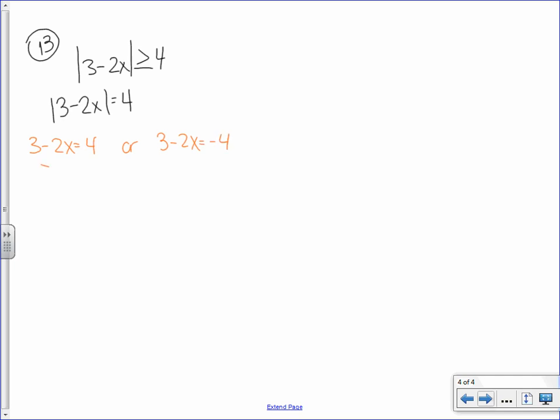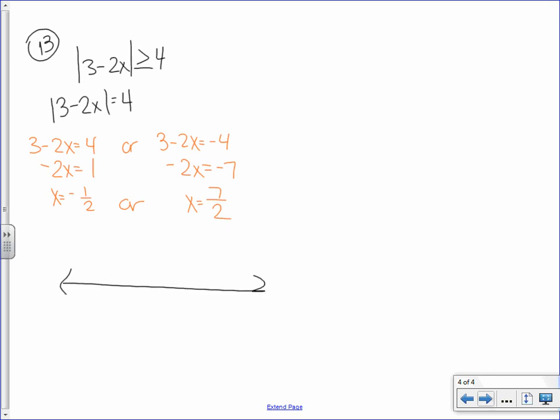So this gives me negative 2x is equal to 1, or x is equal to negative 1/2, or negative 2x is equal to negative 7, or x is equal to positive 7/2. Remember, a negative divided by a negative is a positive.